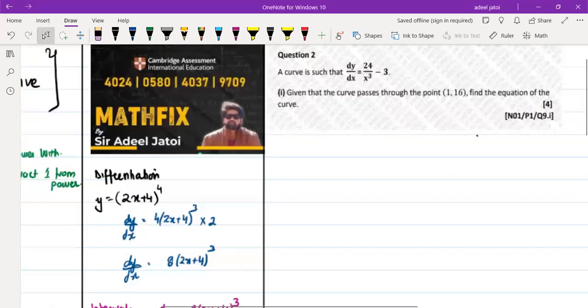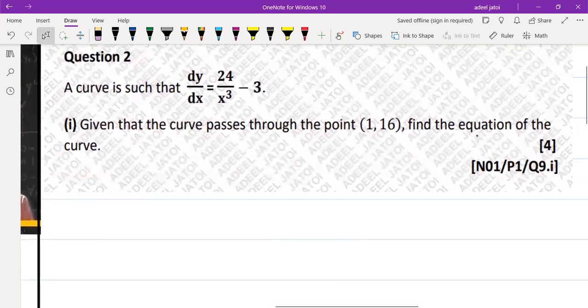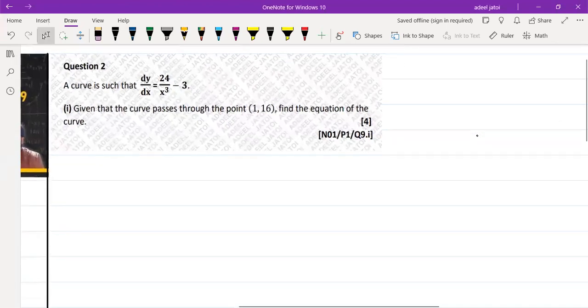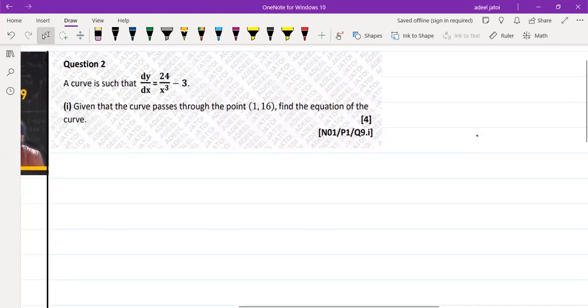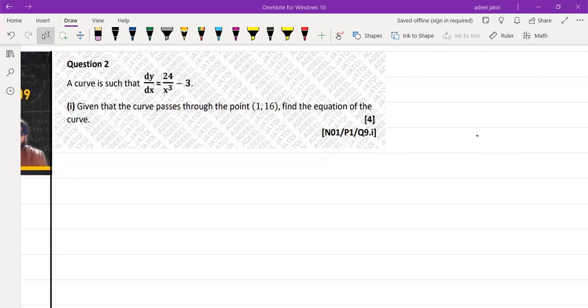Now let's work upon the equation of a curve. In the question, what you need to understand is that the curve is such that dy/dx is given. If dy/dx is already given, what do we need to do?